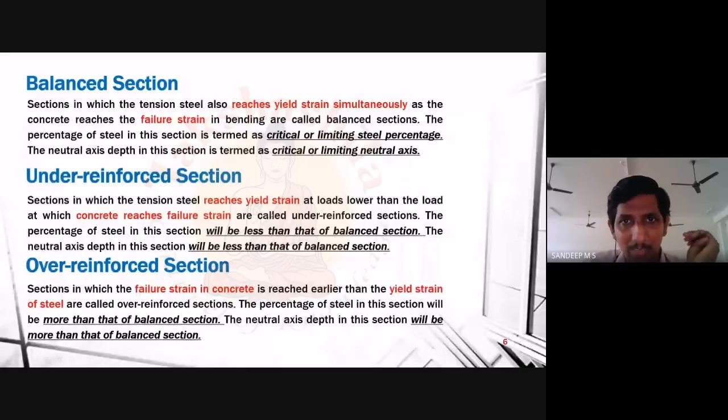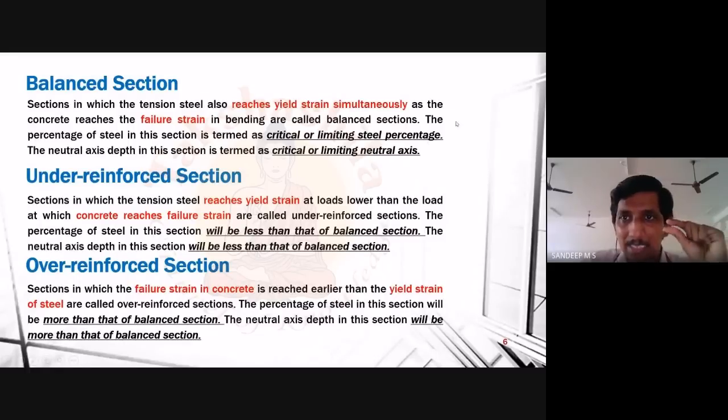Why do we have such a particular name for this? The reason is this: suppose I have, say for example, 2% of steel provided in a beam, and that section is found to be a balanced section.